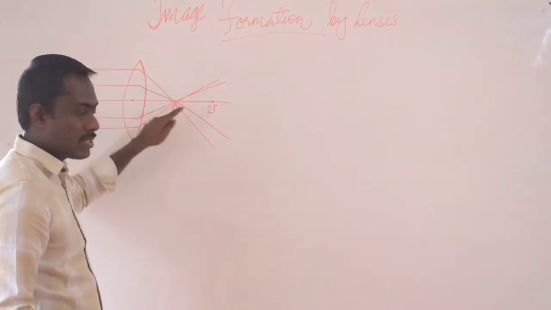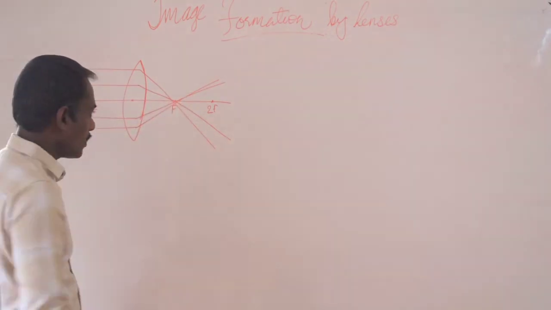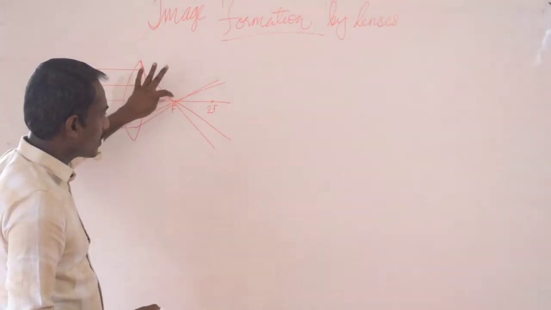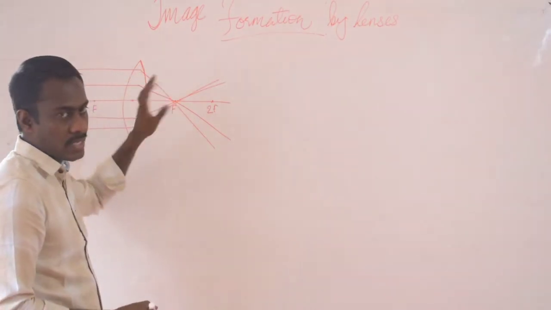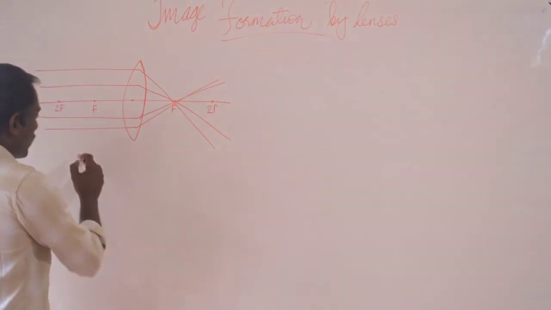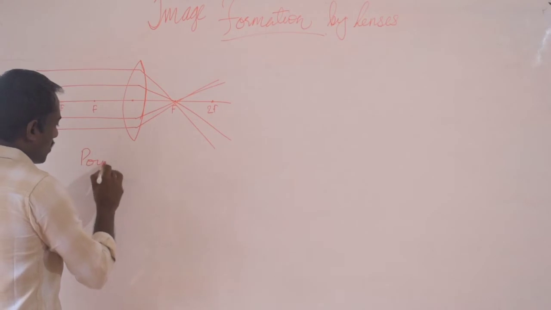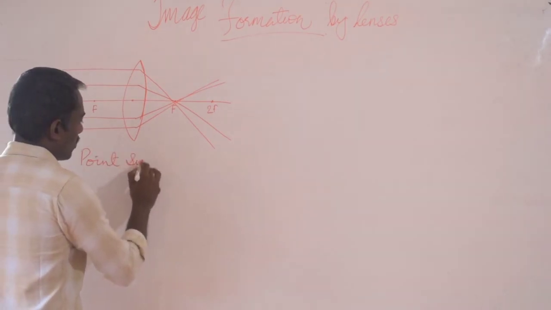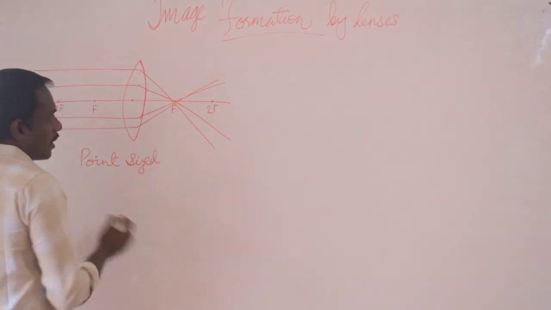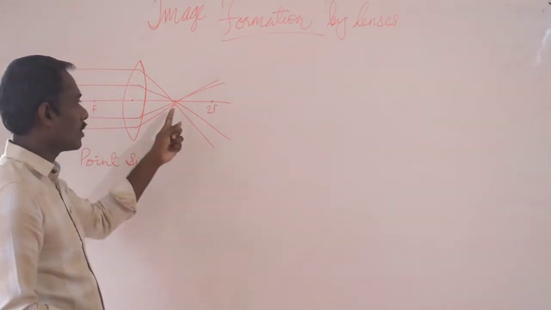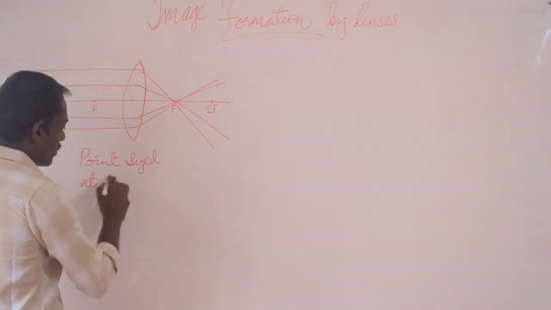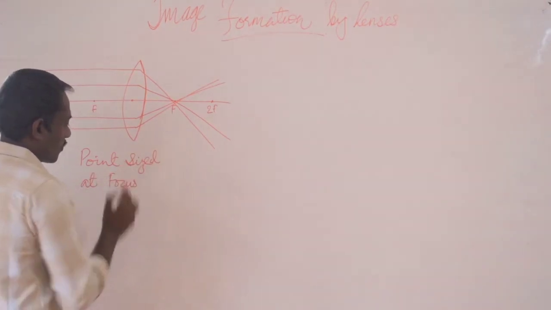So what will be the size and nature of the image? Since all these rays are converged at a point, the size of the image will be a point. It's a point-sized image. And what about the position? The position of the image is at focus.